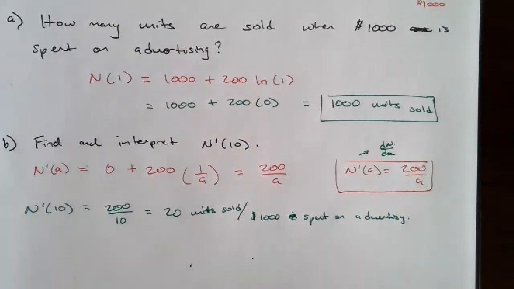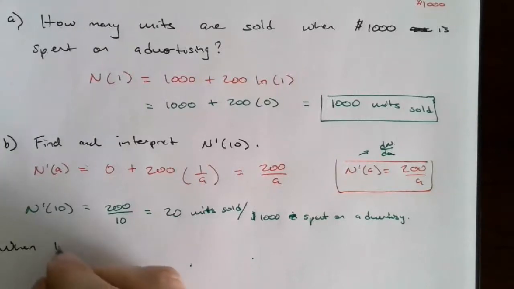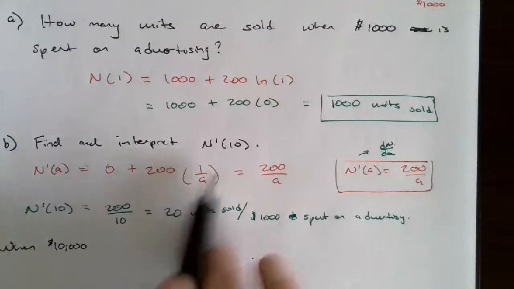So if I was to interpret this, it's positive, so the rate of change is positive, so it's increasing. So we want to say when $10,000, right? That's what this A is.